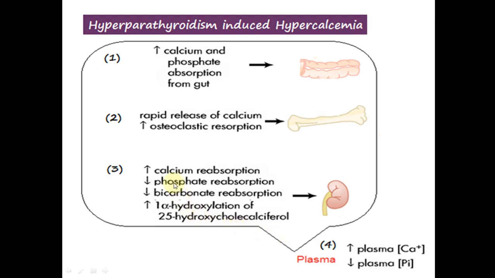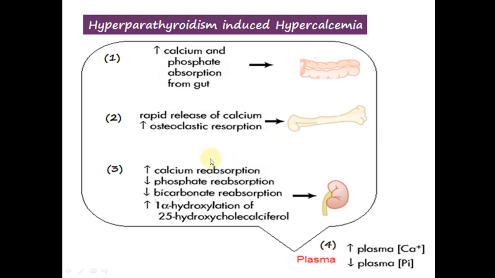Normally, the parathyroid hormone increases the absorption of calcium and phosphate from the gastrointestinal tract. The second effect of the parathyroid hormone in causing hypercalcemia is the rapid release of calcium from the bone by causing bone demineralization and breakdown of bone and release of calcium into the blood.